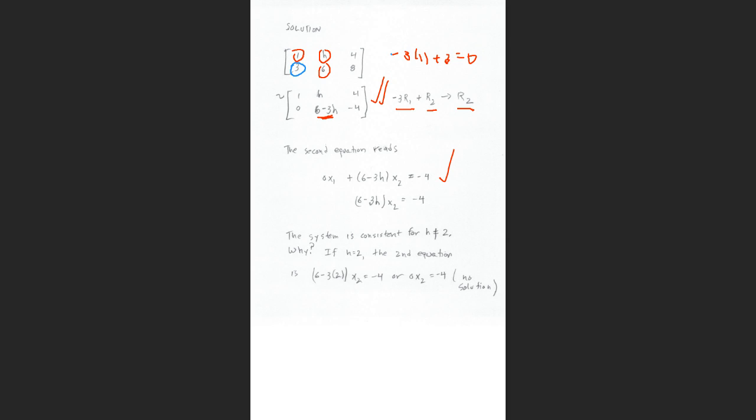The second equation reads 0x1 plus (6 minus 3h) times x2 equals negative 4, which means 6 minus 3h, that scalar, times x2 would equal negative 4.